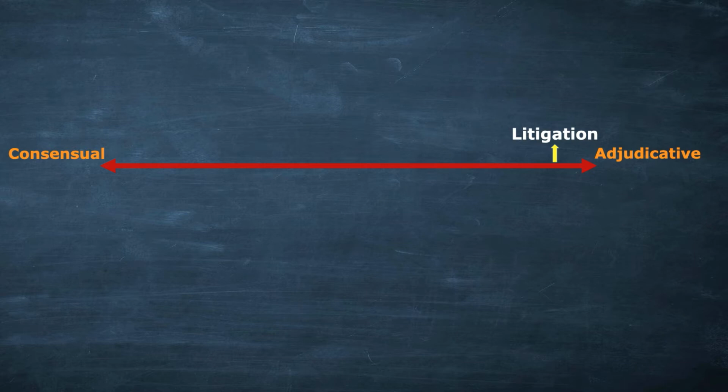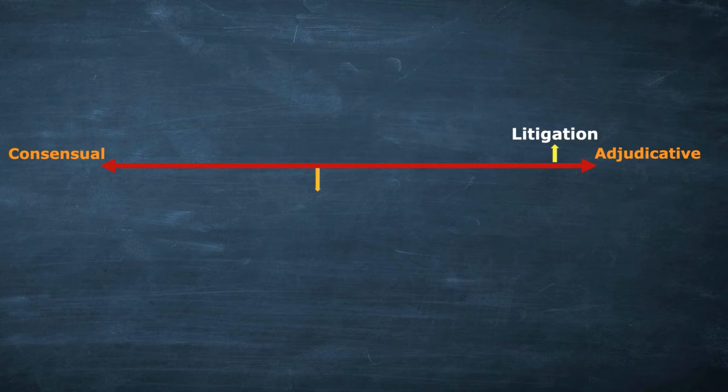What does it mean? Here parties have no scope of having their consensus regarding anything. Once a case is filed in the court, it is only the court that decides the issue.